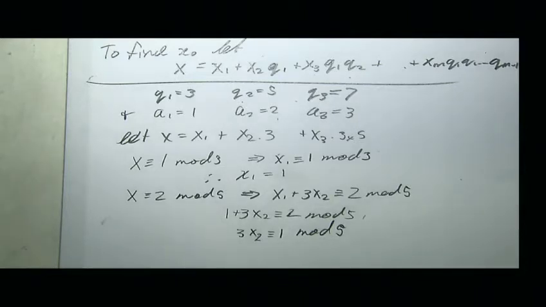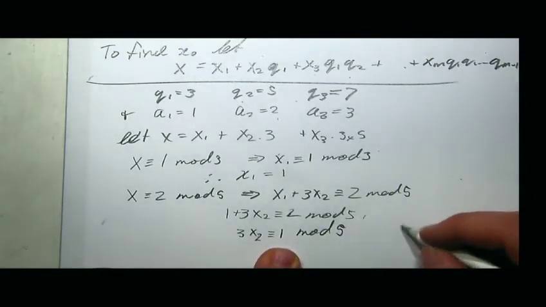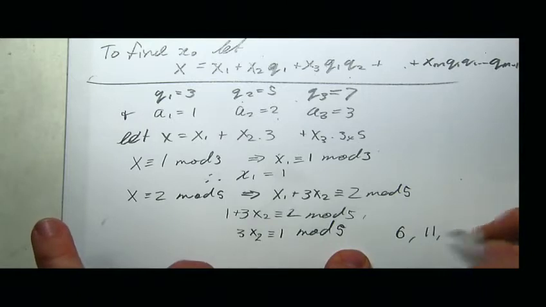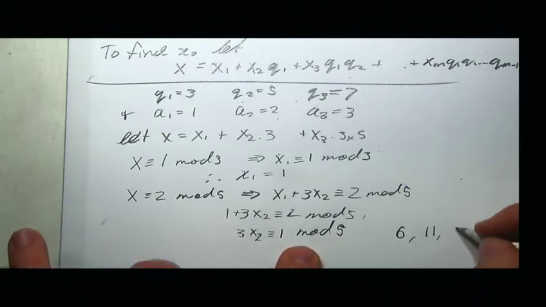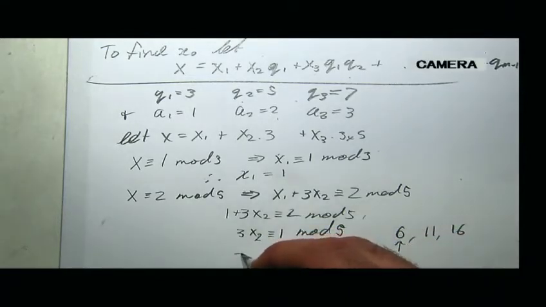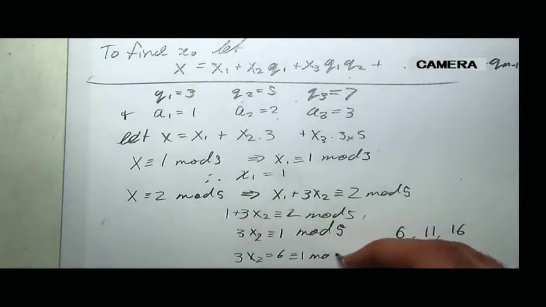So, because it's congruent to 1 mod 5, my options are going to be 6 or 11 or 16. Fortunately, this is the one. So 3x2 is equal to 6, which is congruent to 1 mod 5.